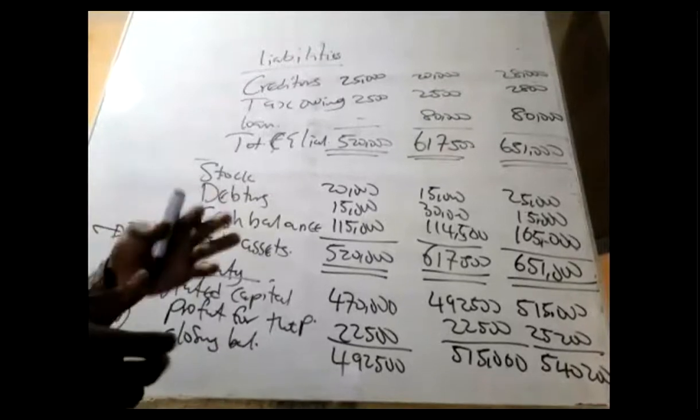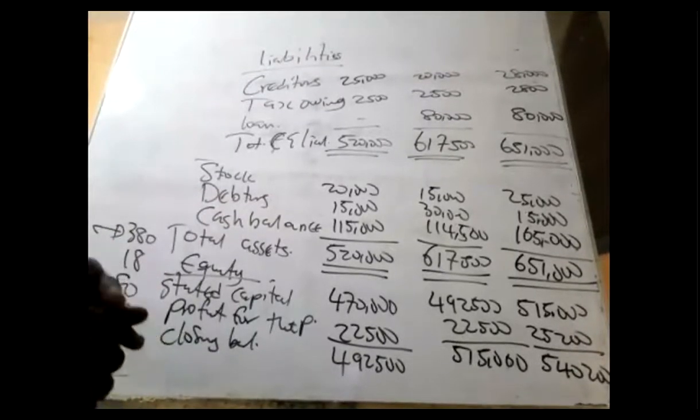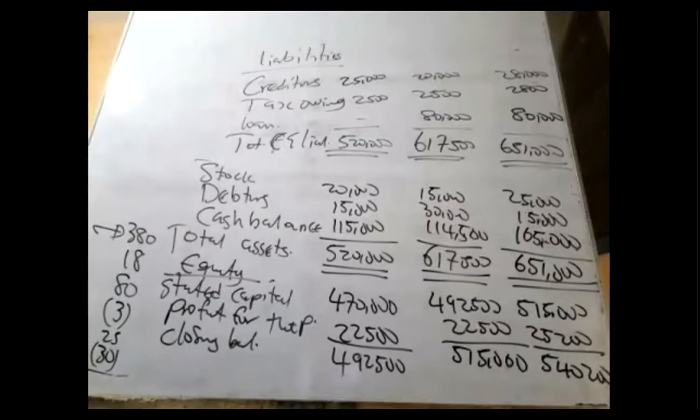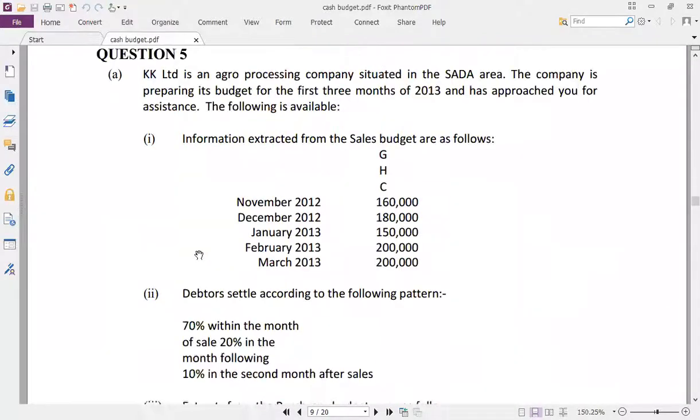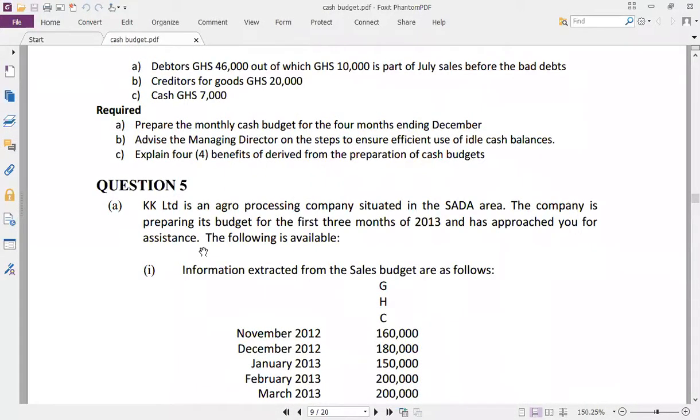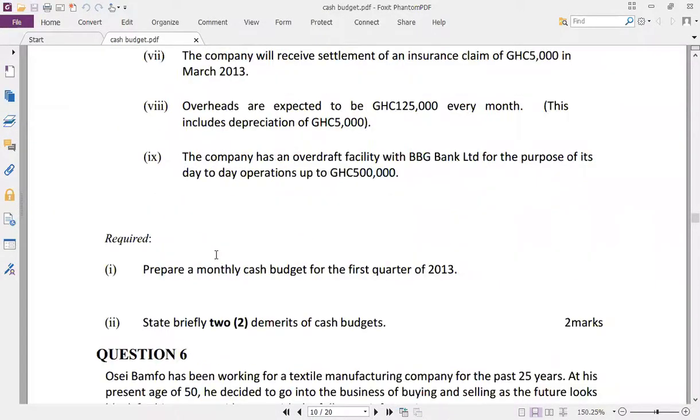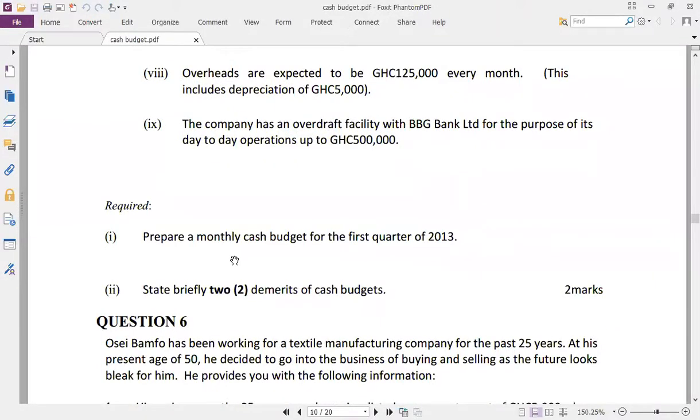Now the interpretation. I think it's one of the cash budgets, so go through. Let me turn to question 5. KK Limited. Still a cash budget that has also been solved. Usually they ask you to state the merit of a cash budget and the disadvantage of a cash budget.